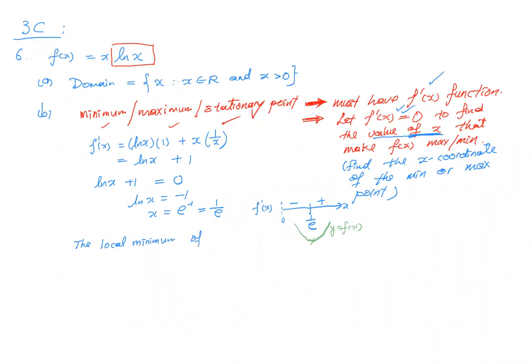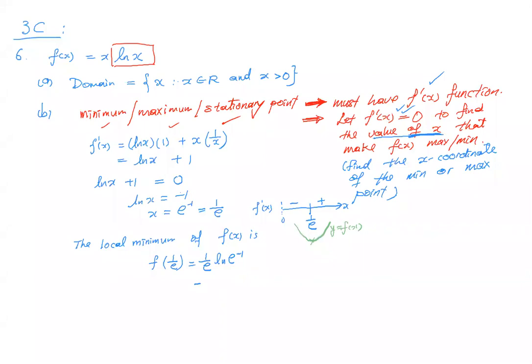of f x. That means when I want the minimum value, I'm talking about the value of y, which is f(1 over e), that is when your x equals 1 over e. This one I purposely write like that.